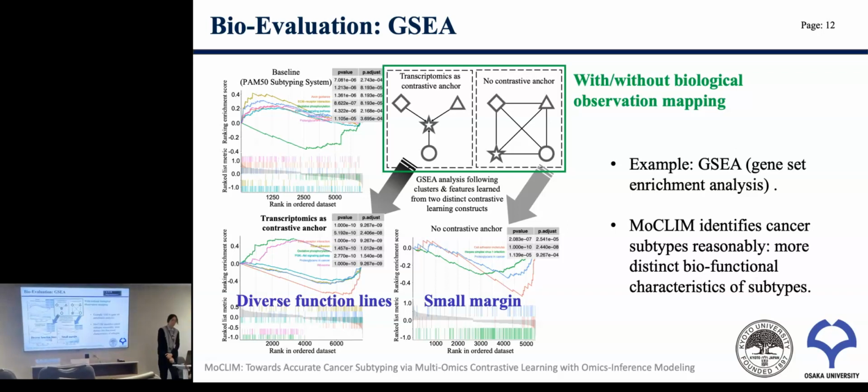For the next part, we have the results of the biological evaluations. Here it shows examples using GSEA, the gene set enrichment analysis. What we want to do is to compare the models used with or without the biological observation mappings. The first one is where we use the contrastive anchors, which is the transcriptomics, compared with the no contrastive anchors one.